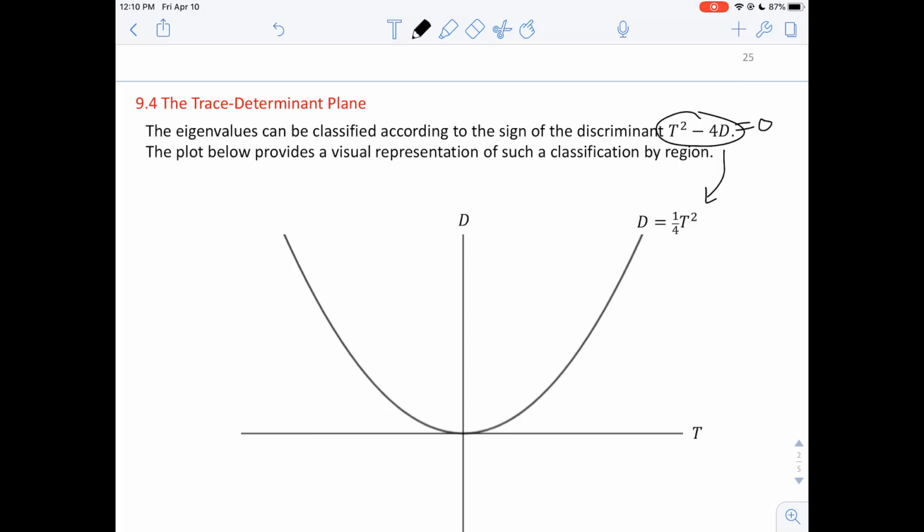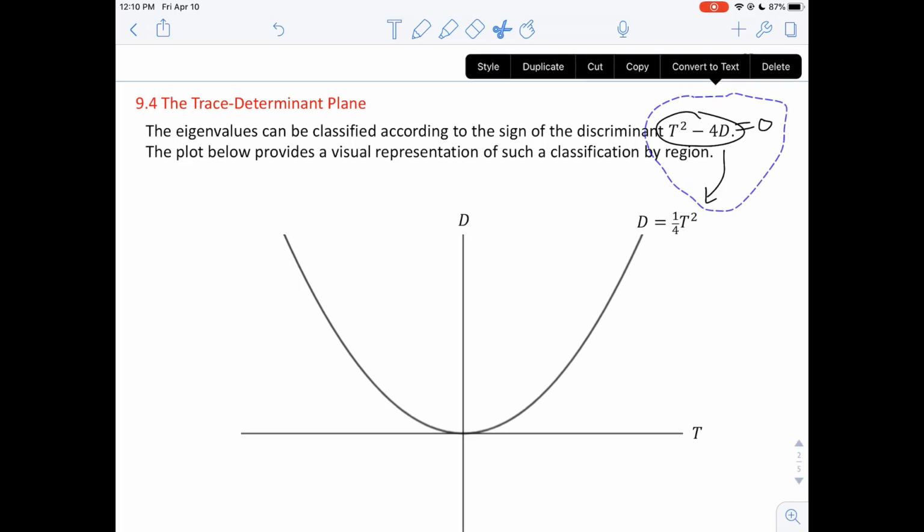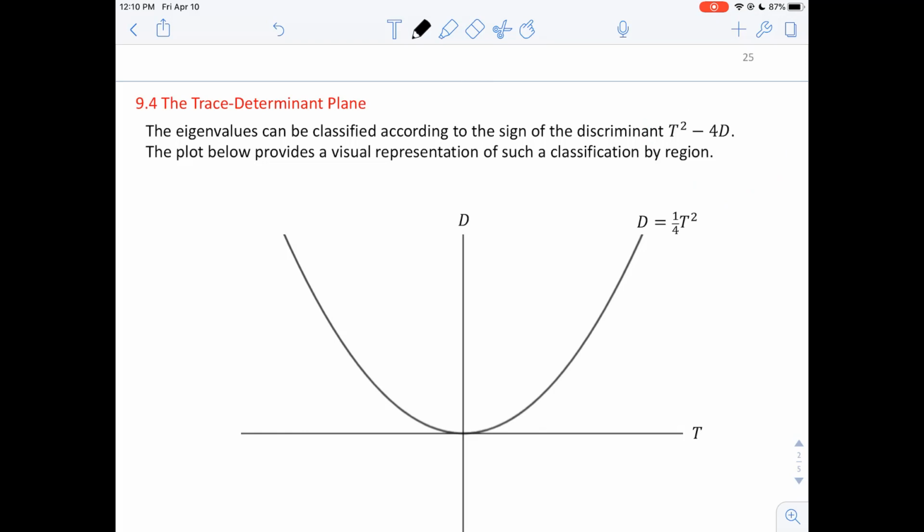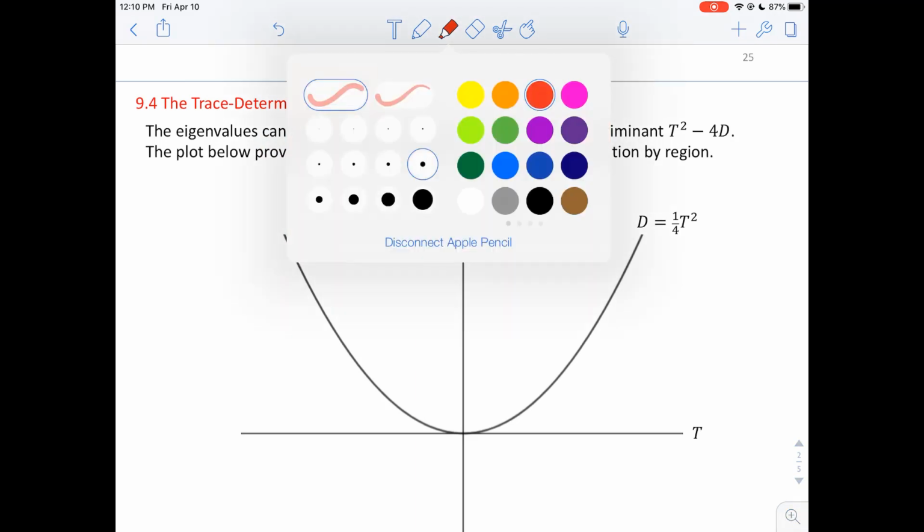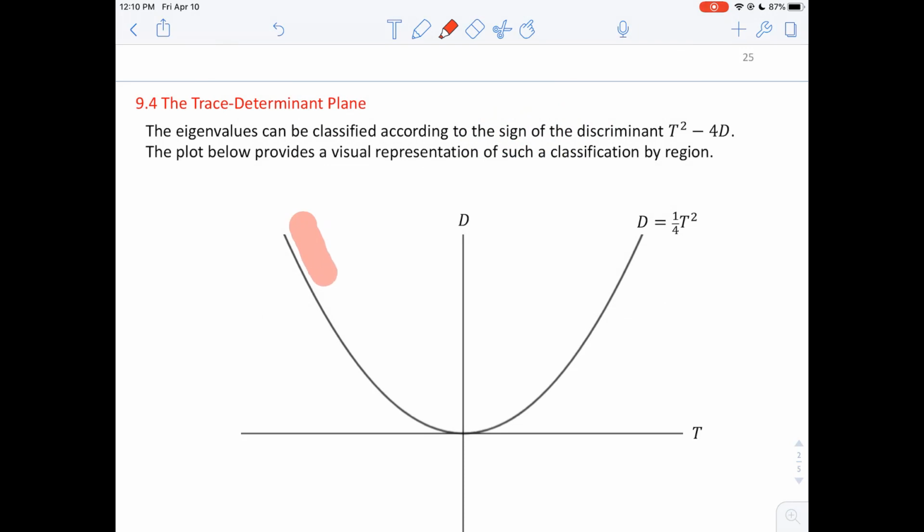Now, the region above this parabola, right, let's use some color coordination here. So all this area up above the parabola, all of it, corresponds to when d is more than 1/4 of t squared. Right? When d, which is the vertical component, is higher than that parabola.